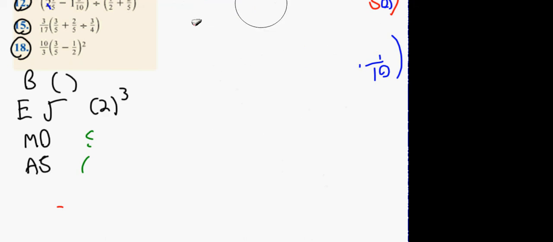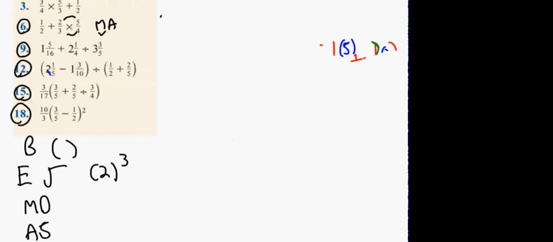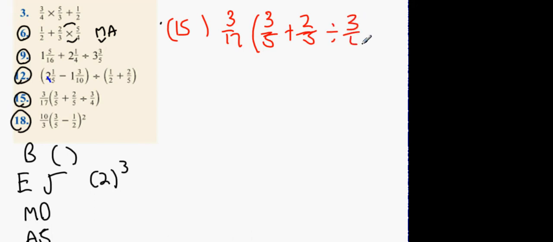What we're going to do next is number 15. Number 15 is a tough one. Connor, I'm going to get you on this one. Now, 3 over 17 multiplied by 3/5 plus 2/5 divided by 3/4. Connor, what do you need to do first?